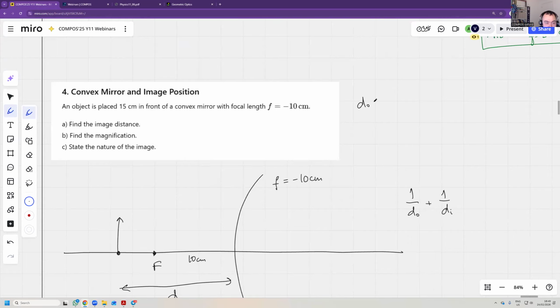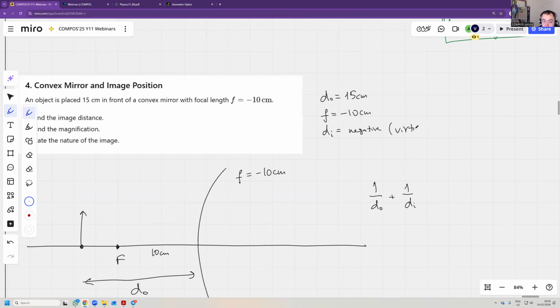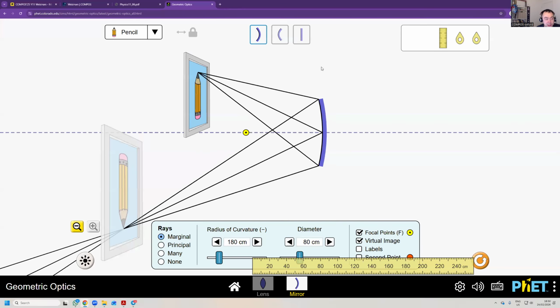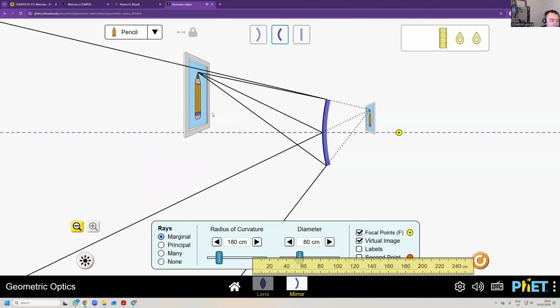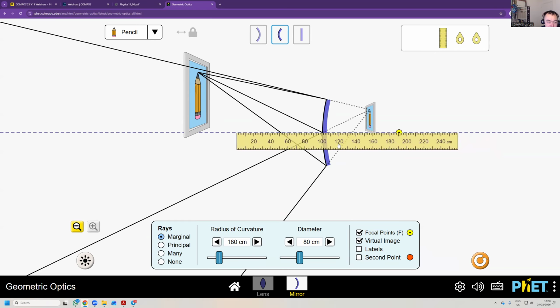So that means D object is 15 centimeters. The focal point is negative 10 centimeters. And DI, the image, is going to be negative, because it's a virtual image. And we can show that if we take a convex mirror and the focal point is 10 centimeters.